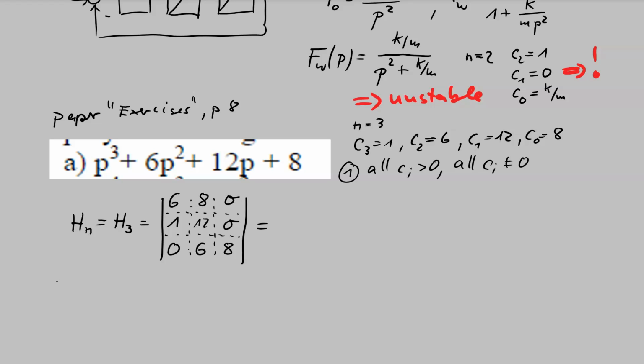I develop the determinant relating to the third column. This gives the following result. This coefficient is 0 multiplied with a determinant which comes out of the 3 times 3 determinant by cancelling this row and this column.